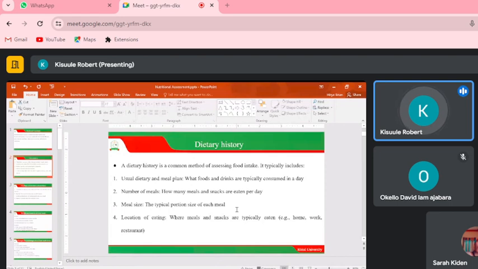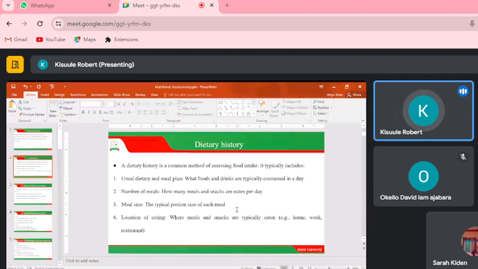All right. I had talked of the 24-hour recalls. We had talked of the food frequency questionnaires, and these help us in assessing dietary diversity, and also they help us in assessing food intake. We will see in detail as time goes on what are the challenges and limitations of the different nutrition assessment methods.